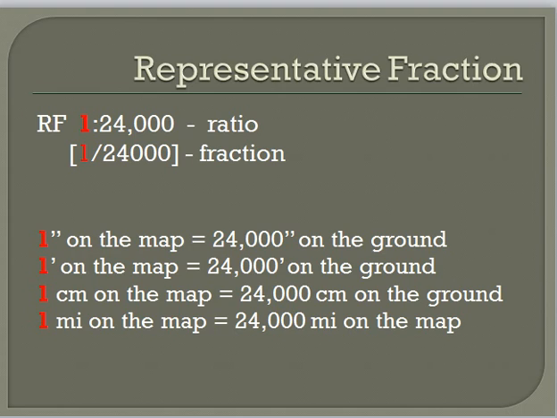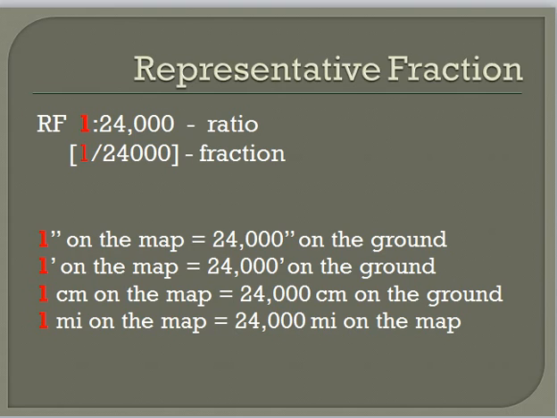So if we had a map that was 1 to 100, it would mean that 1 inch on the map is equal to 100 inches on the ground, or 1 foot on the map is equal to 100 feet on the ground. And so representative fractions are unitless.